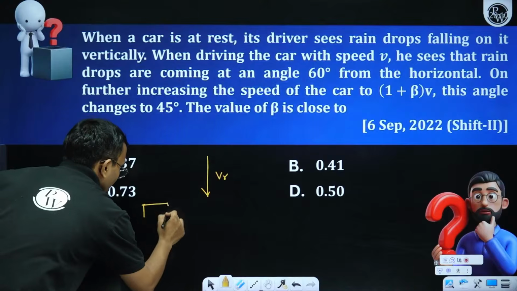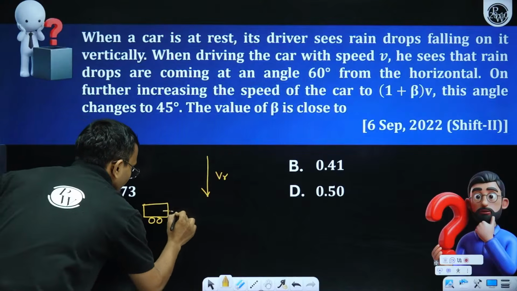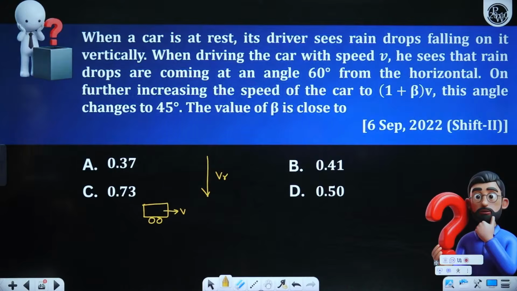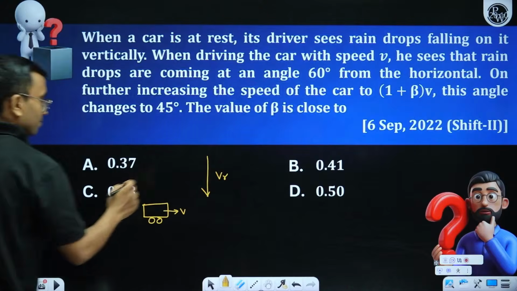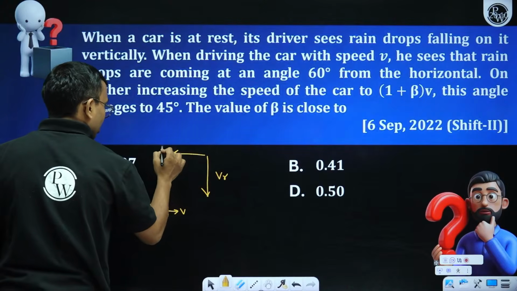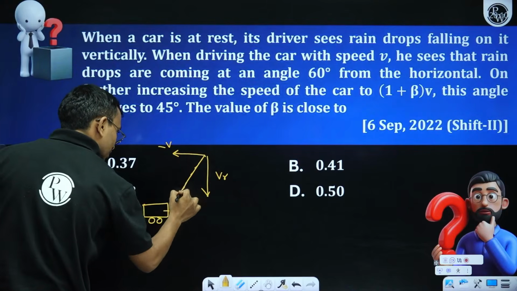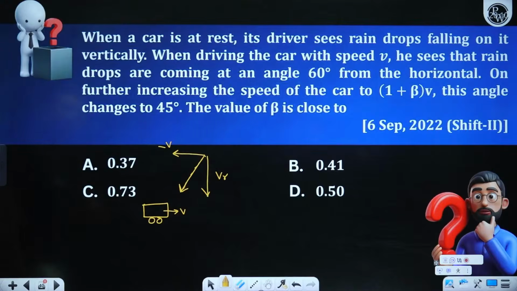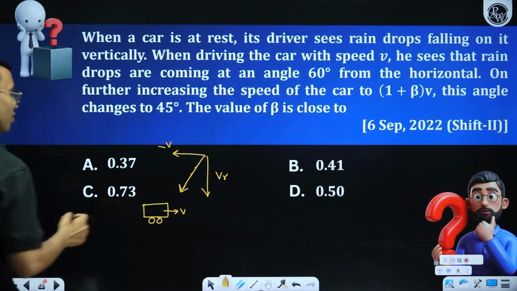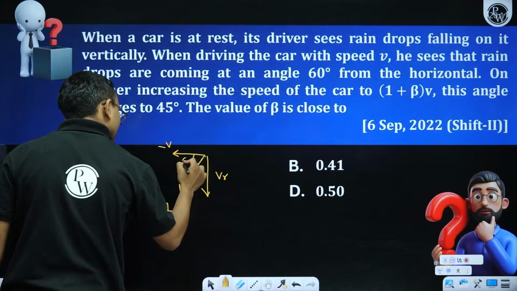So this is the car. When the car is moving with some velocity v, this is minus velocity of car. The resultant of the two will be somewhat like this, and he sees it comes at an angle of 60 degrees from the horizontal.